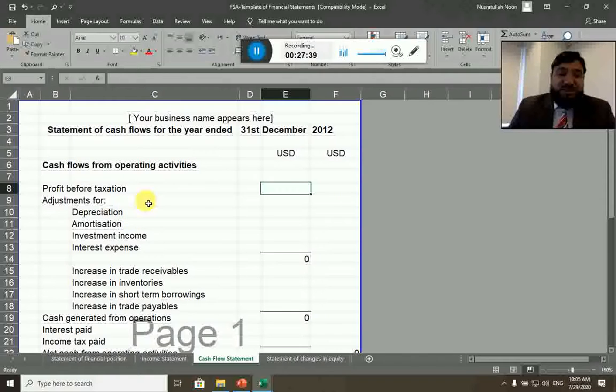But they are non-cash expenses, so we have to add them back in the cash flow statement to show the actual value and the effect of those in the balance sheet in order to show the correct value. So depreciation is a non-cash expense. We do not pay this, therefore it's added back again. Amortization, investment income also, and interest expense as well.